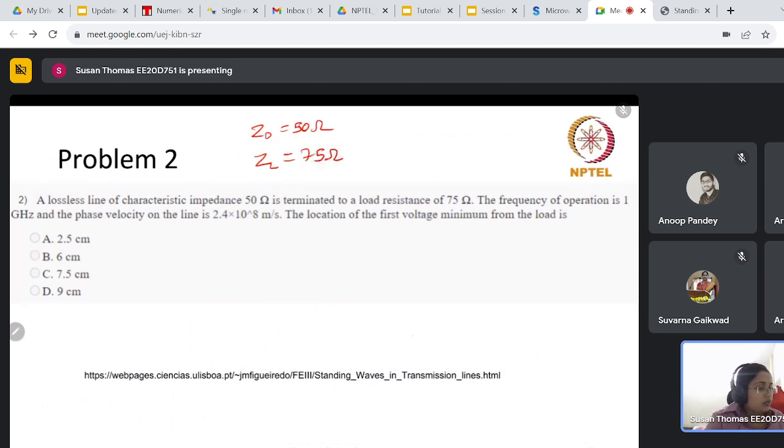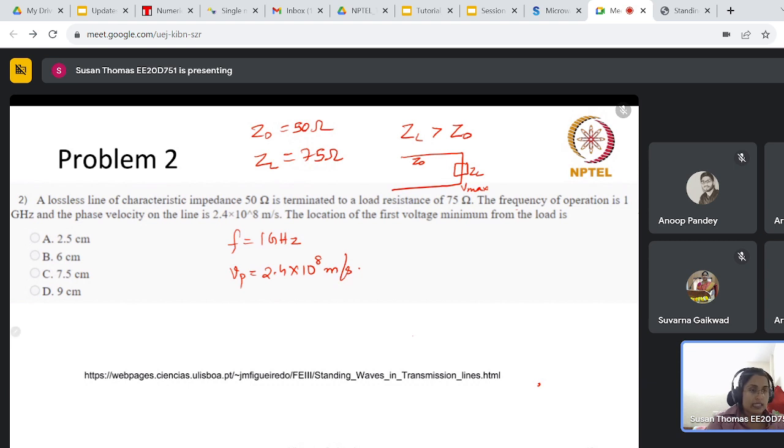So here the condition is ZL greater than Z0, so at the load end you have a V max. Frequency of operation is 1 gigahertz, and phase velocity on the line is 2.4 into 10 power 8 meter per second. Location of the first voltage minimum from the load is.